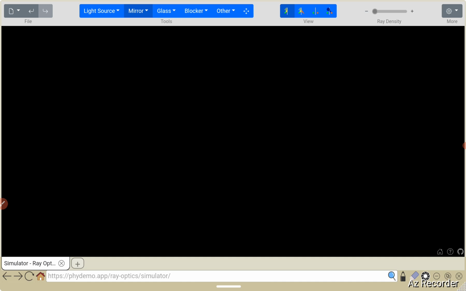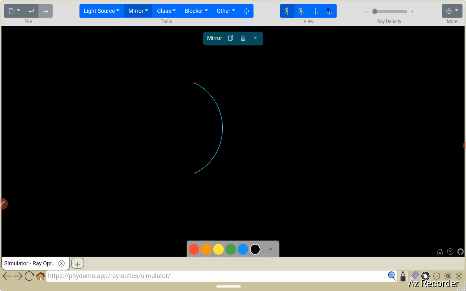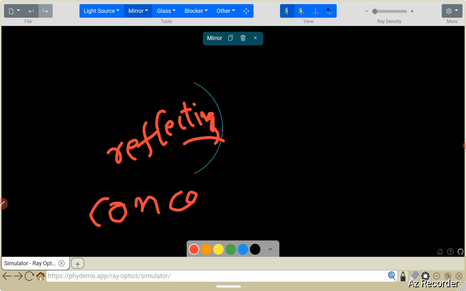Now let us see a mirror which has a curved reflecting surface. It will be like this. Whenever the reflecting surface is curved inwards, this is the reflecting surface, then we say this mirror is a concave mirror.